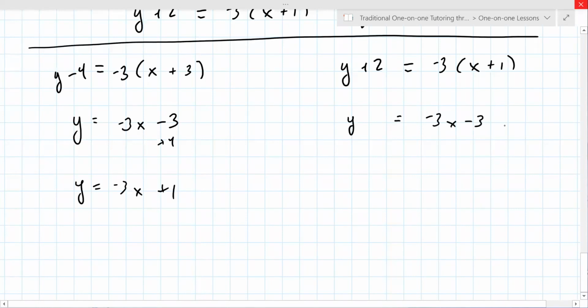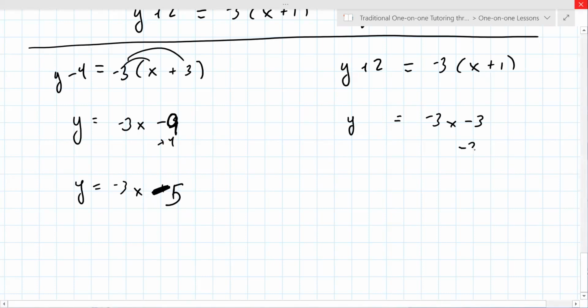Let me double check. Minus 3x minus 3. I think I got y equals minus 3x plus 1. So see, this is really minus 9 here, plus 5. Plus 5. I'm sorry, minus 5. Oh, minus 5. Oh, so then. Okay.